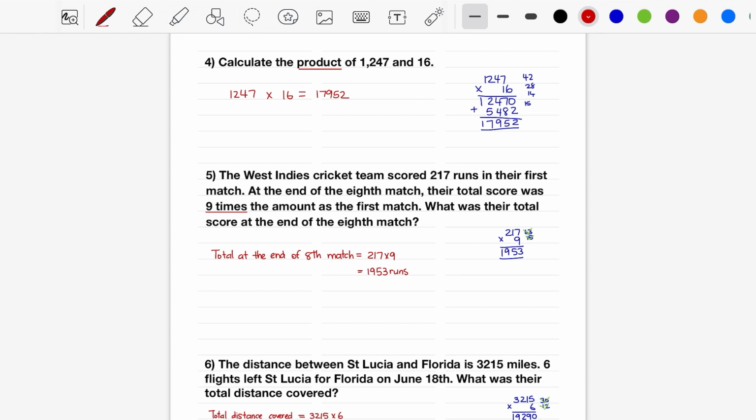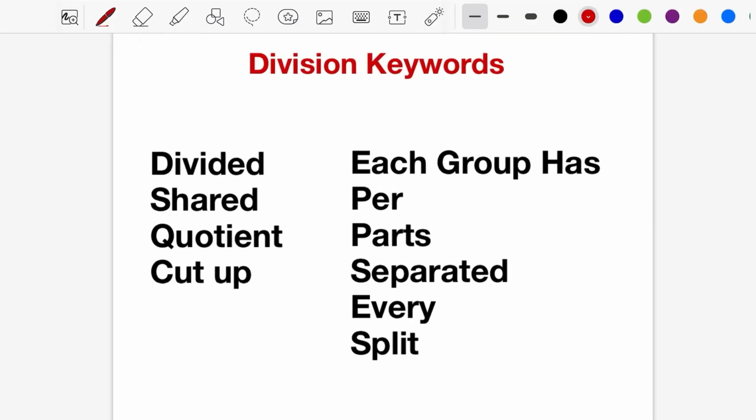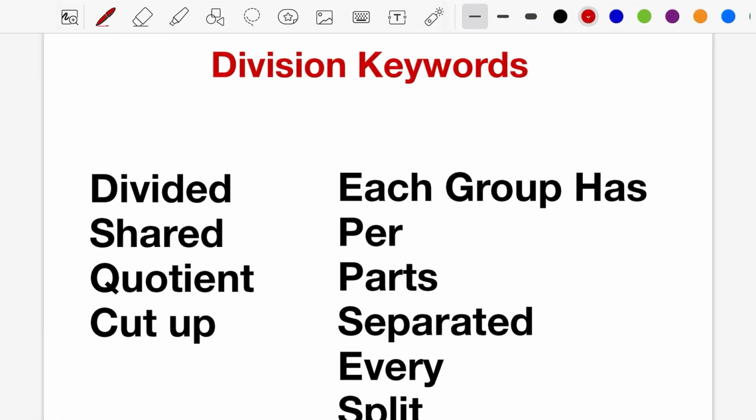So now we will proceed to doing division. Here are some keywords that indicate we must divide. Divide or divided, share or shared, quotient, cut up.